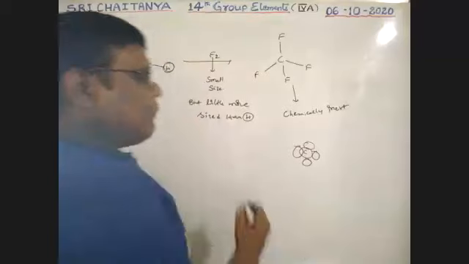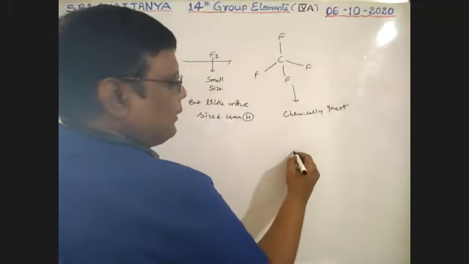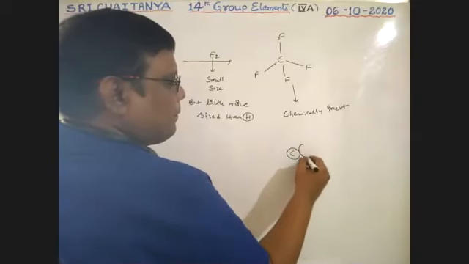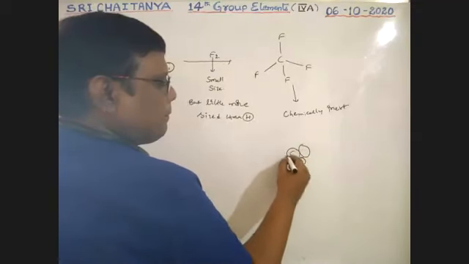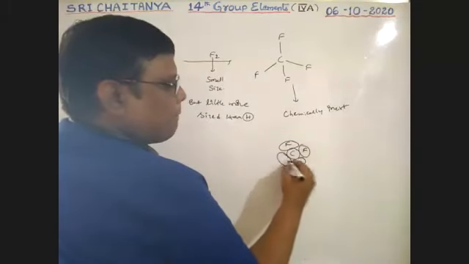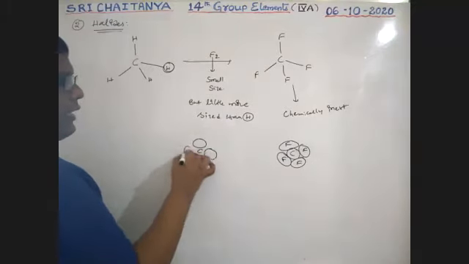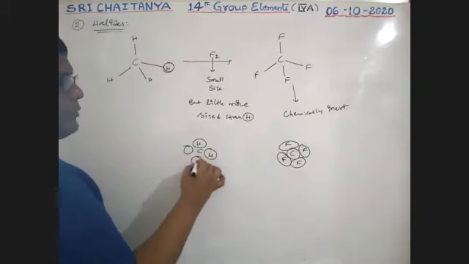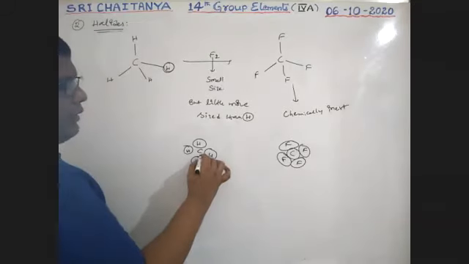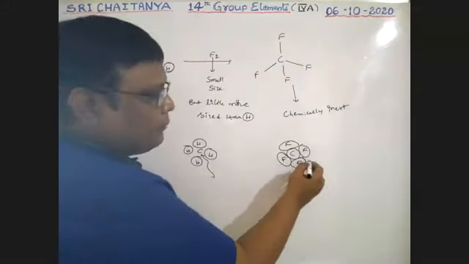Because when compared to here, these are carbon and these are fluorine atoms. Here carbon, these are hydrogen atoms, small size. So that's why there is a gap to attack the carbon, but here almost no gap.